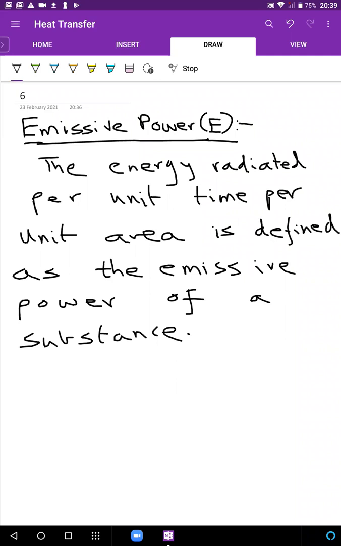Emissive power, capital E, stands for something. A little later we will see emissivity, small e, stands for something else. So pay attention to the names, pay attention to the symbol. What is emissive power? By the definition, energy radiated per unit area per unit time. So it's Q by AT.